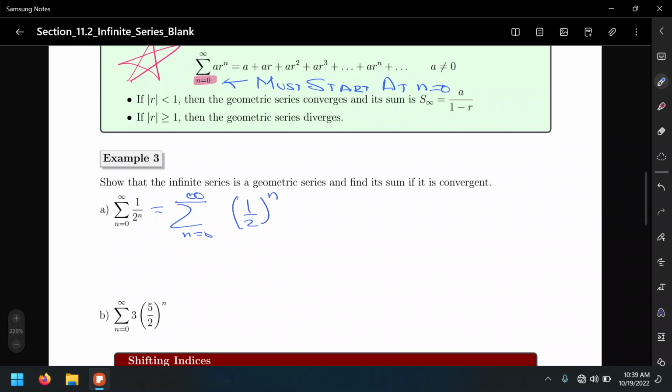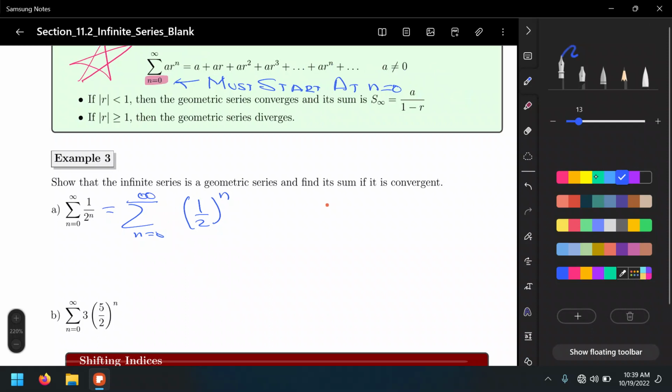I left a space on purpose to show we have an invisible 1 in there. So now our original series has the form sum from n equals 0 to infinity of a r to the n, as in the definition box.